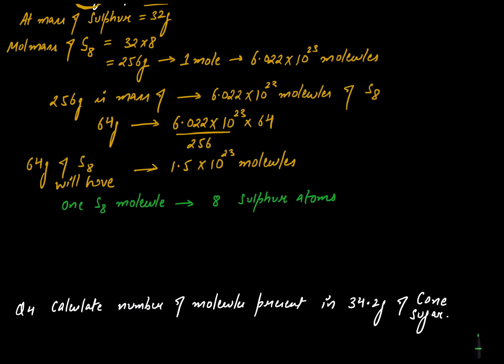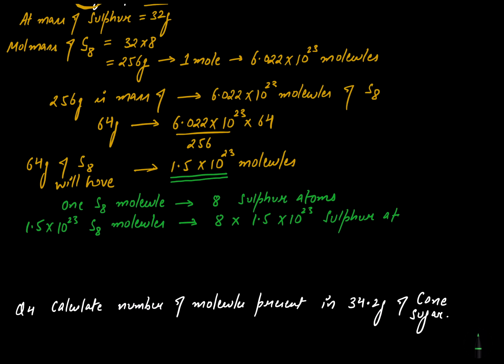Then how much will this amount of molecules have sulfur atoms? Now 1.5 into 10 raised to power 23 S8 molecules will have obviously 8 into 1.5 into 10 raised to power 23 sulfur atoms.